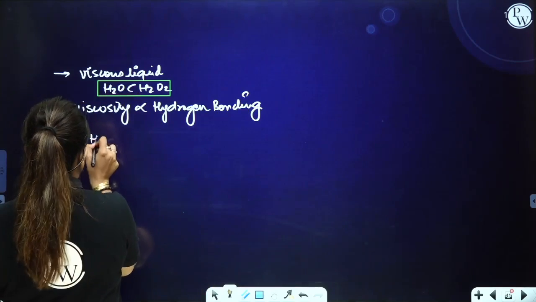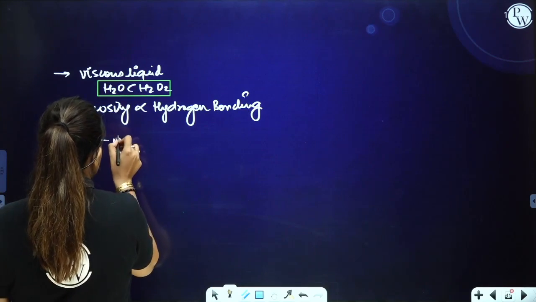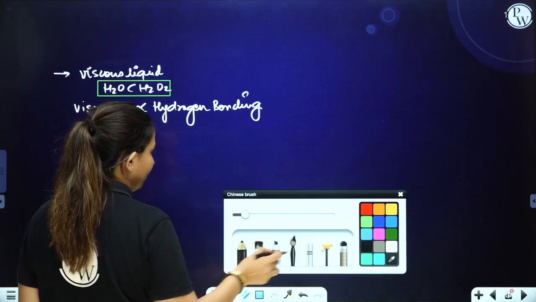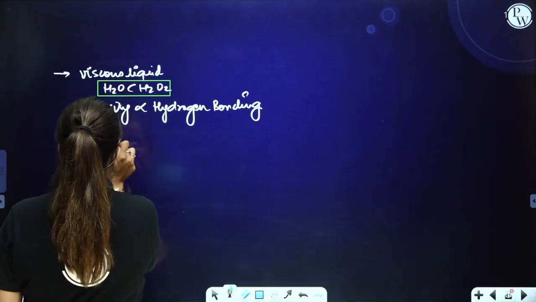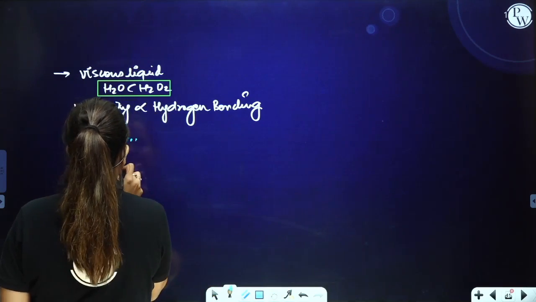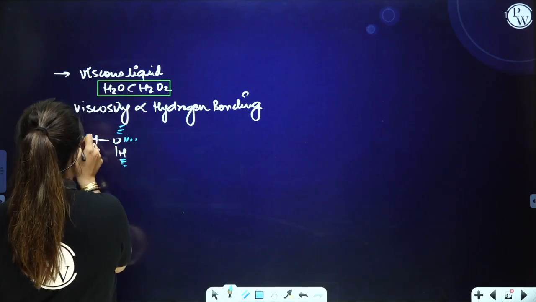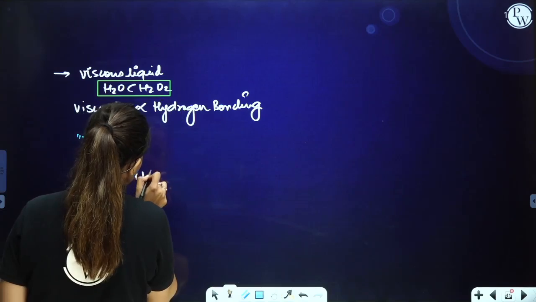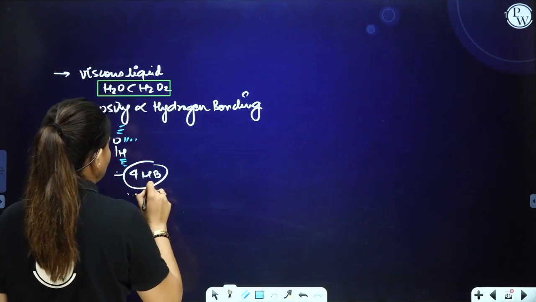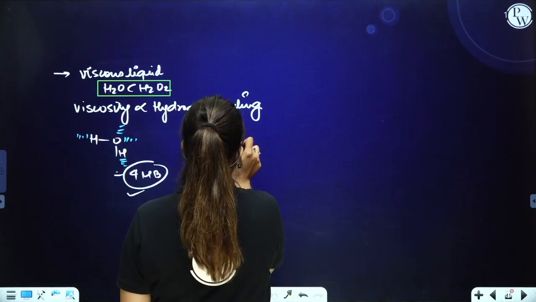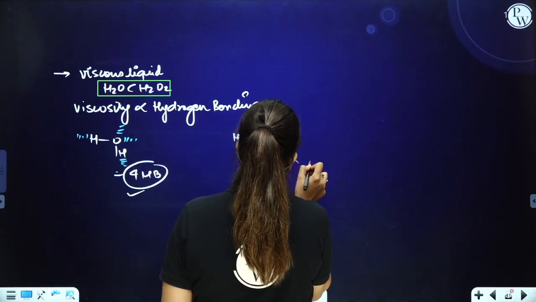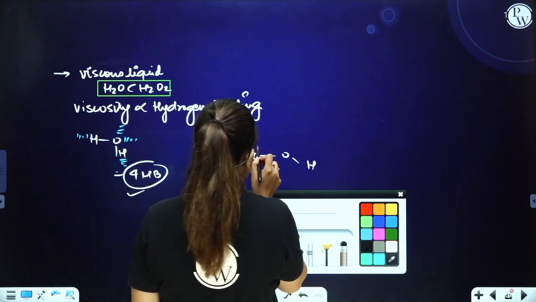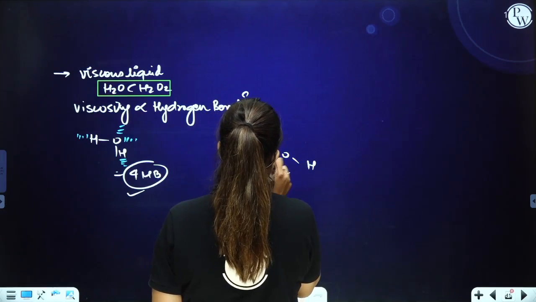If I talk about the hydrogen bonds of water, you will say, ma'am, the hydrogen bonds formed with water will be 4: one through this lone pair, one through this lone pair, one through this hydrogen and the other through this hydrogen. So a total of 4 hydrogen bonds it can form. If I talk about H2O2, how many hydrogen bonds can it form?